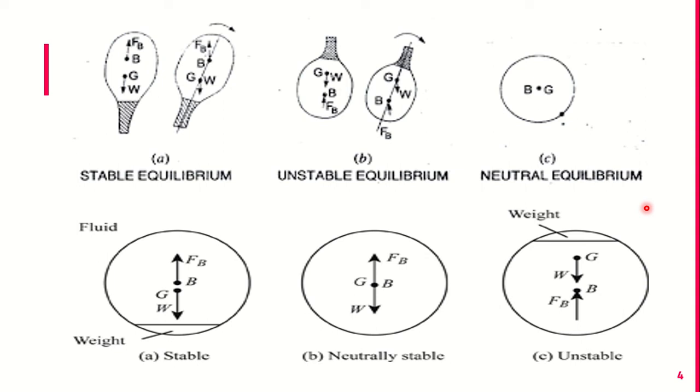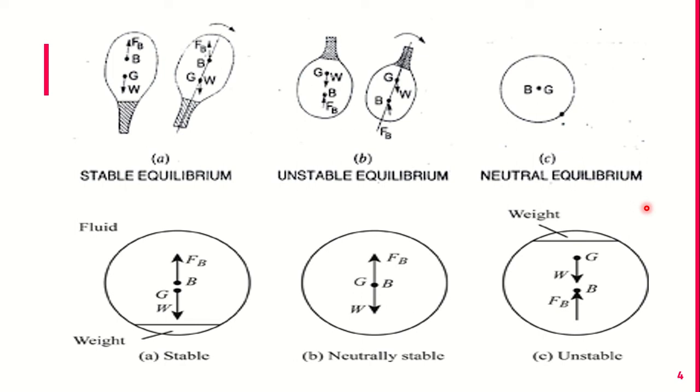For such cases in submerged body, we have three conditions of equilibrium: stable equilibrium, unstable equilibrium, and neutral equilibrium. I already told you when you're talking about submerged bodies, you have to consider two parameters, which are center of gravity and center of buoyancy. The position of center of buoyancy, B, is very much important.